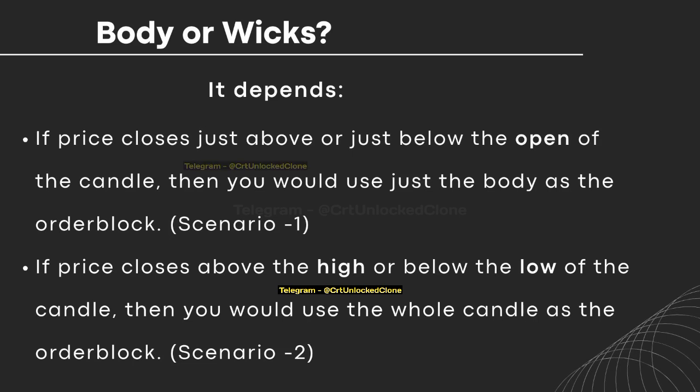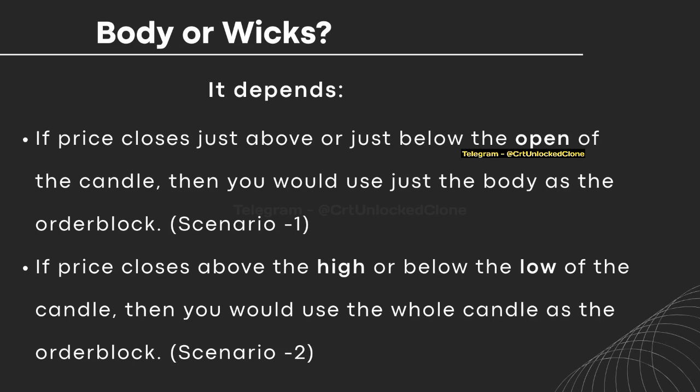The first one is that if price closes just above or below the open of that candle that purged liquidity or filled liquidity, then you would use just the body of the candle as an order block, because price has only closed above or below the open and it hasn't closed above or below the wick, so you would only choose the body as the order block.